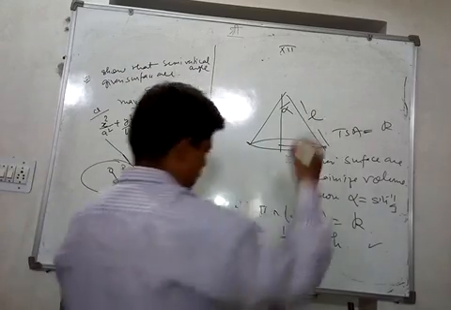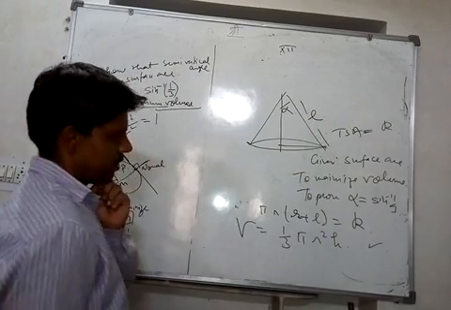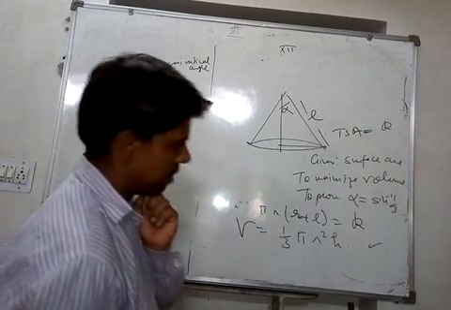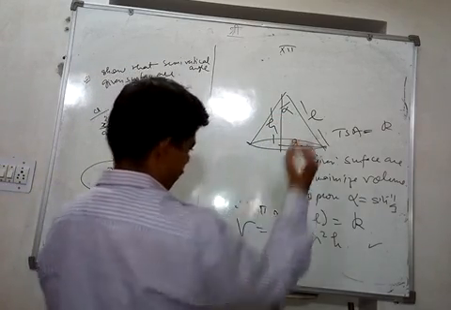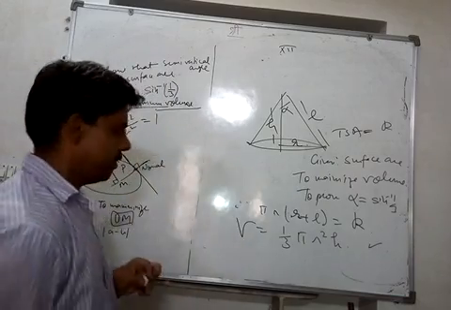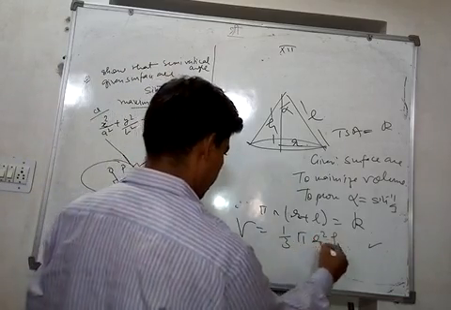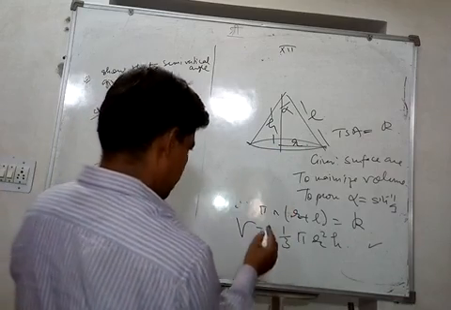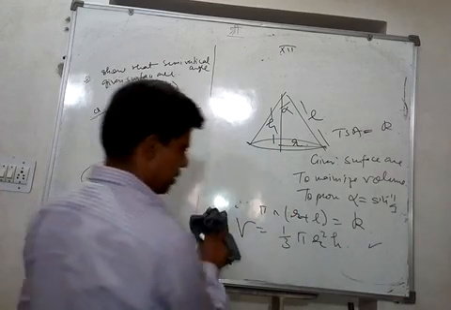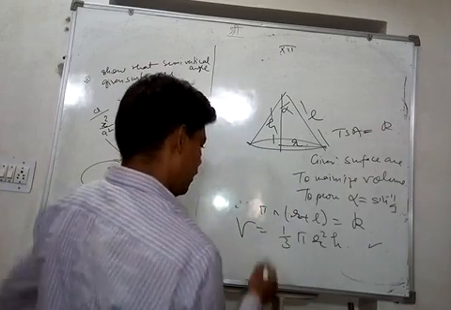So this is your l. l can be removed using the angle alpha, which is again a variable. This is h and this is r. So we can just keep everything in r square, and we need to find the value of h. Now h square, let's calculate. We can even square this.